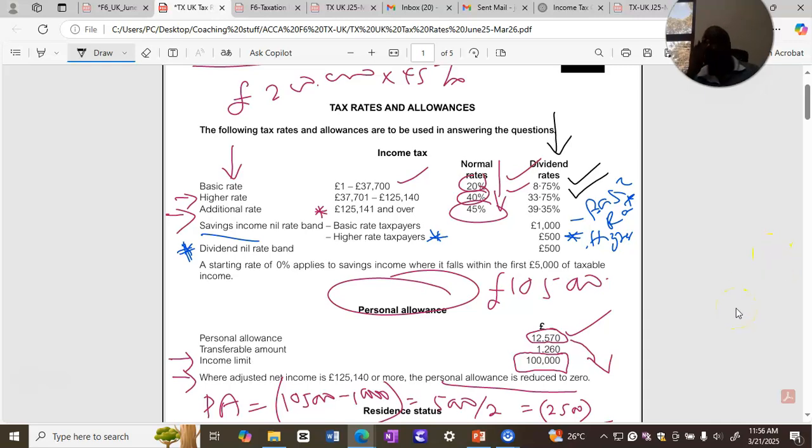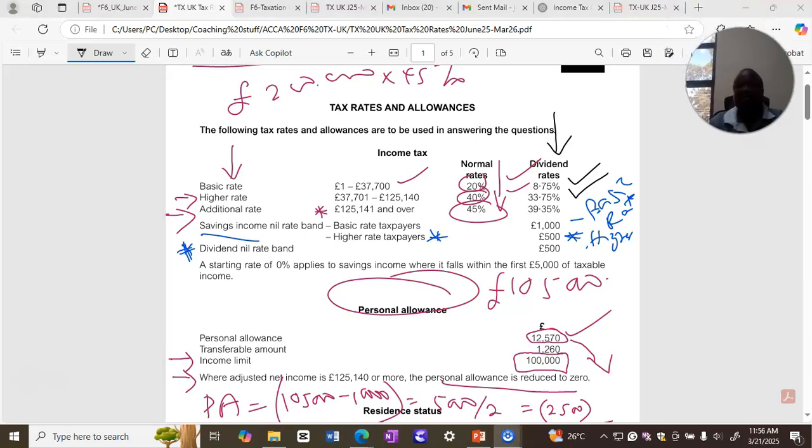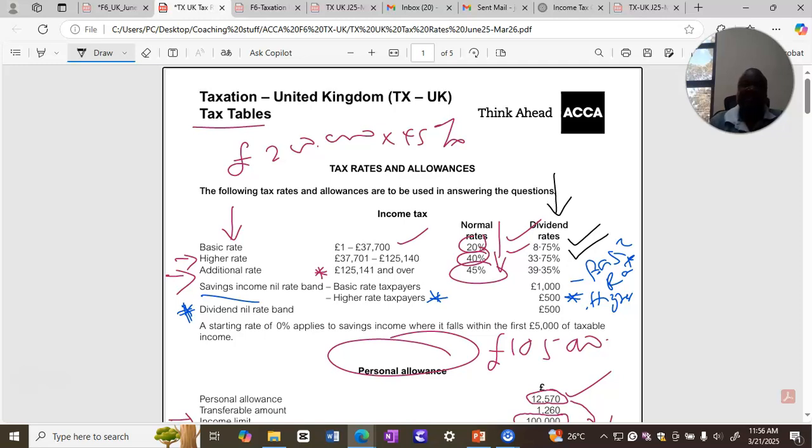This is a very important thing before we do a question paper, or a previous exam question. You need to be comfortable with this information, these tables, because if you are not comfortable using them, then you're going to be in trouble.